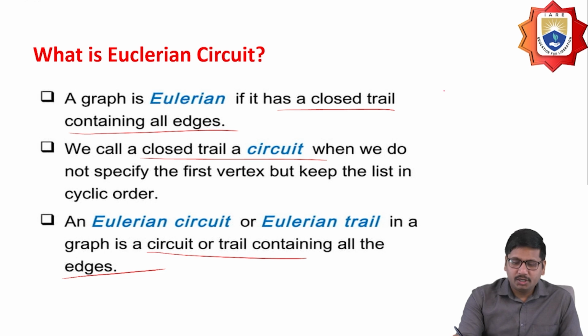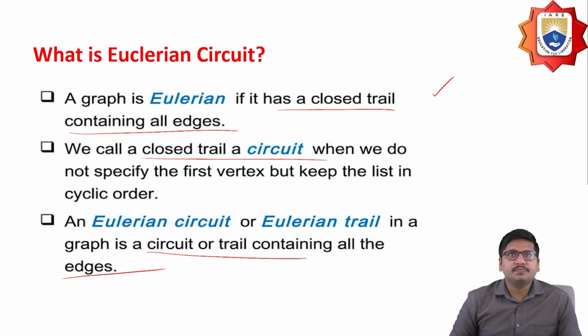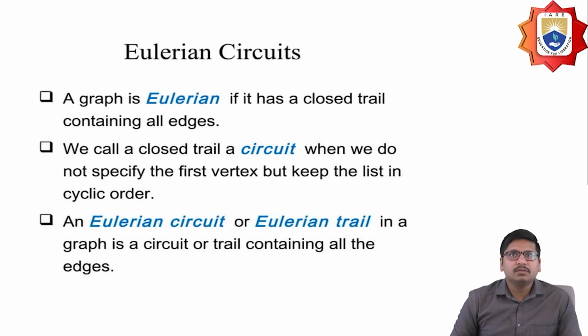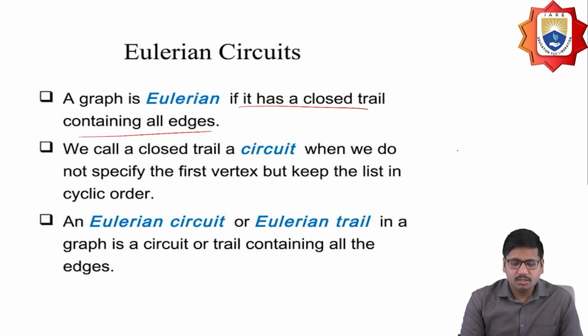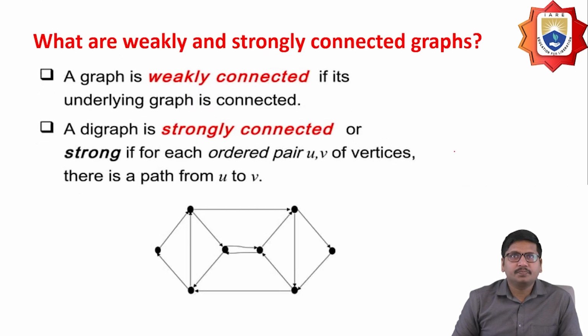So a graph is said to be Eulerian if it has an Euler circuit or Euler trail, which is a circuit or trail containing all the edges.